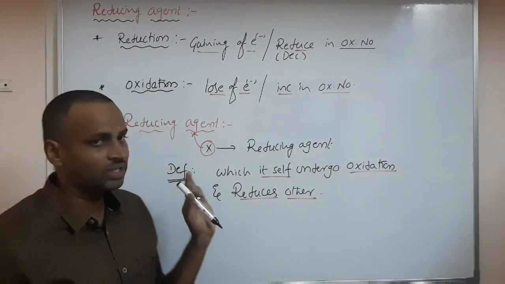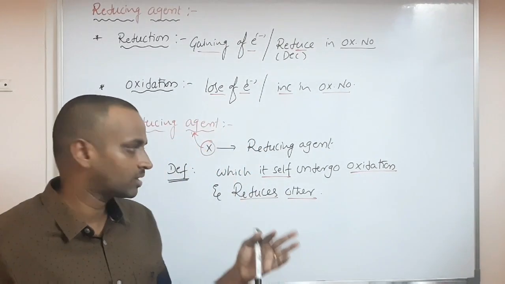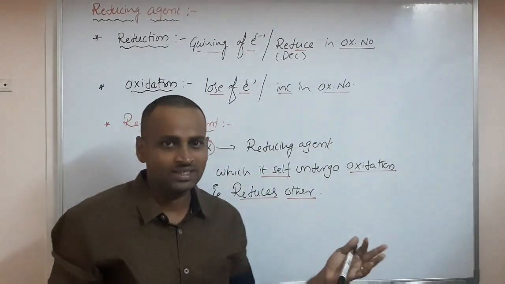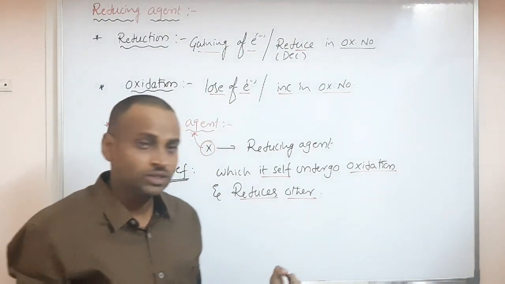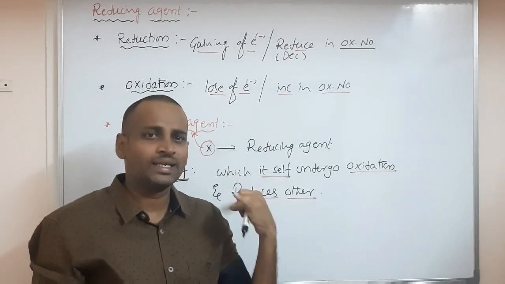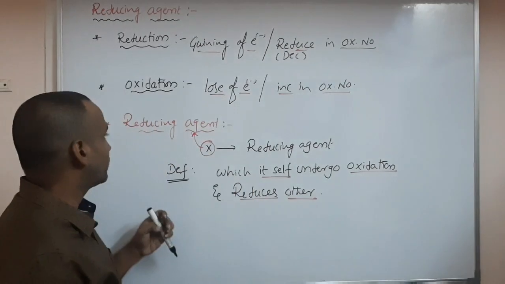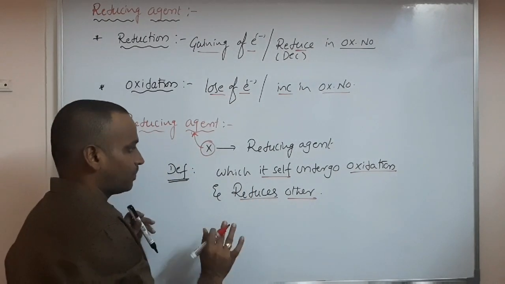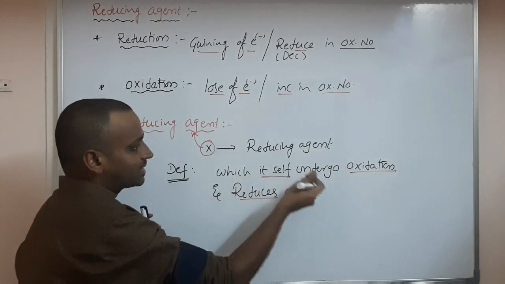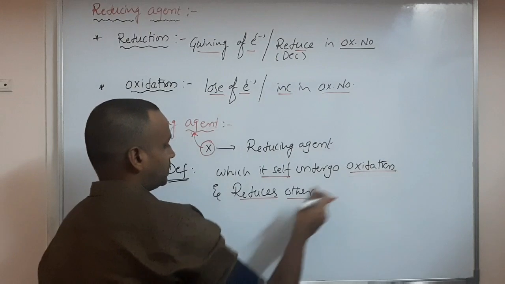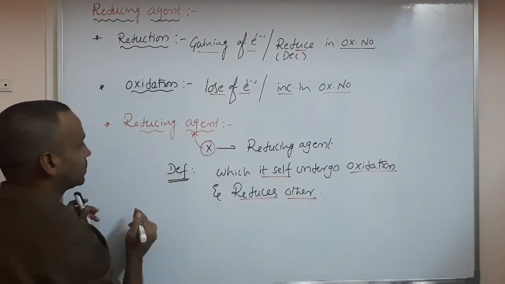It can be a molecule, an ion, a species, simply a cation, anion, molecule or atom. Getting what I am saying? So the reducing agent is simply the species which itself undergoes oxidation and reduces others.